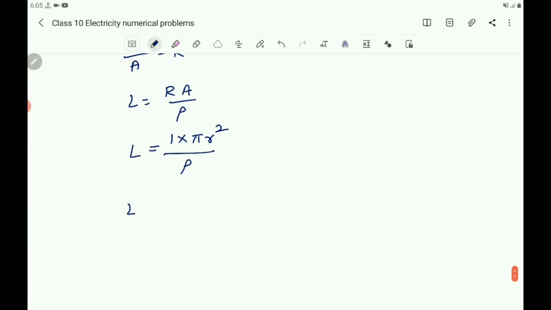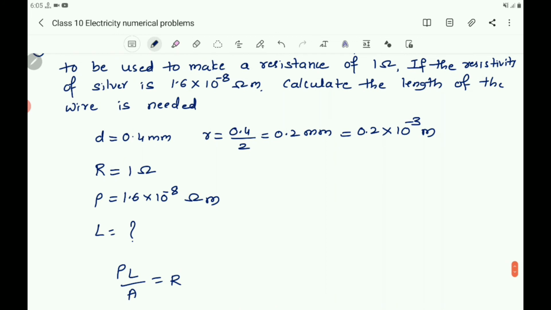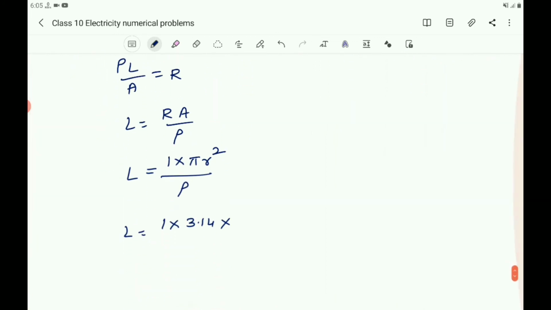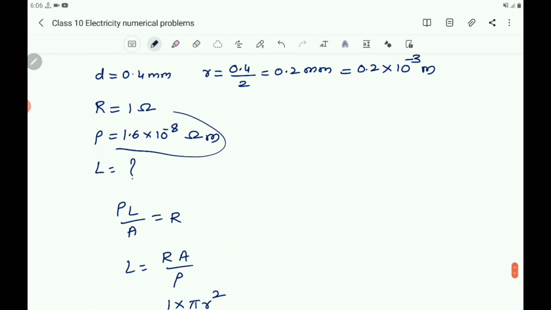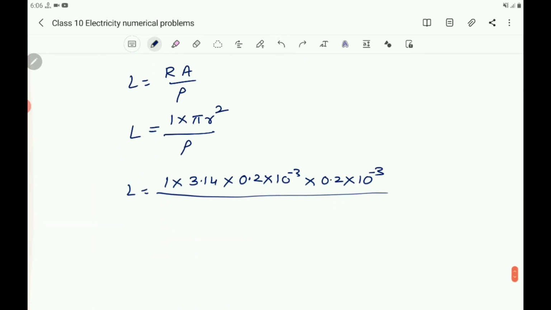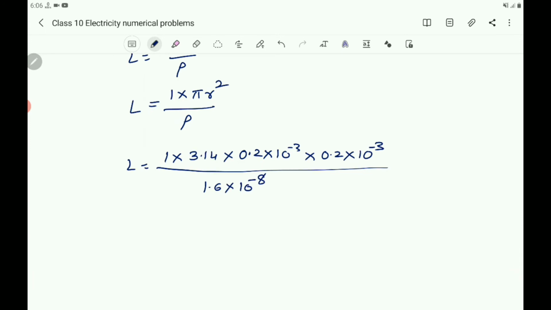That is L equals 1 into pi, which is 3.14, into R, that is 0.2 into 10 power minus 3, whole square, divided by the resistivity 1.6 into 10 power minus 8.